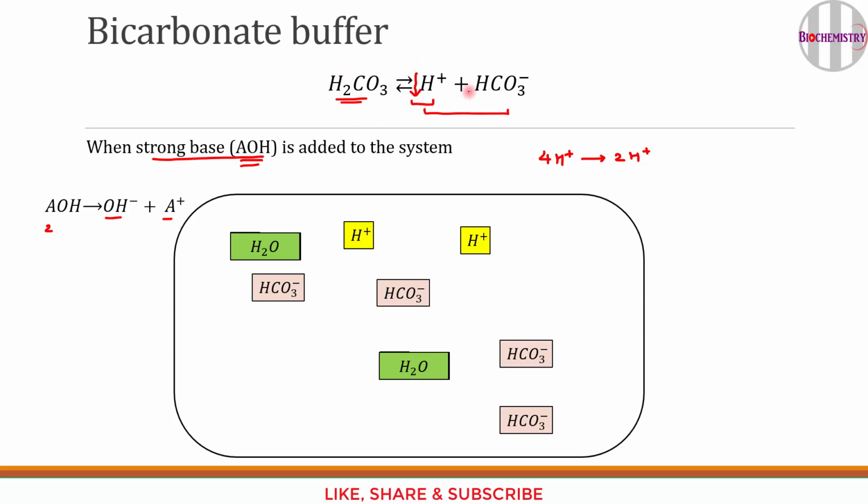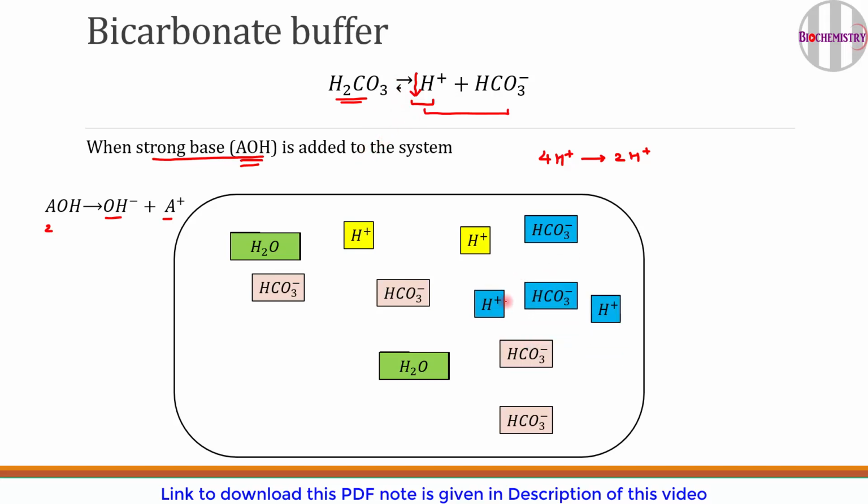So this net reaction will move to the right side, which is shown in this reaction by the bigger right side arrow and smaller left side arrow, right? So in this system, some extra H plus and some extra bicarbonate ions appear, right? So now you can see that we have again 4 H plus, right?